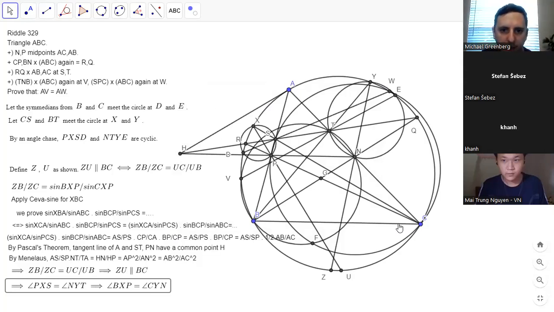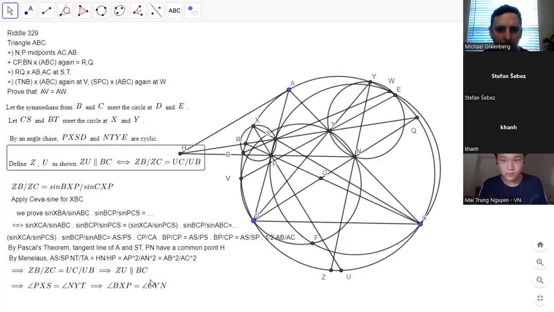So how did that end up solving it? What did we do once we know this? I forget how we finished. Because we know that AV, what did we know is harmonic?